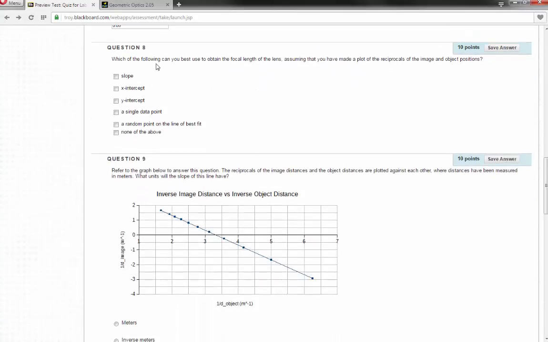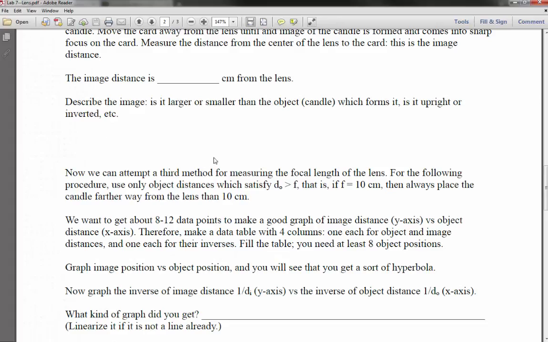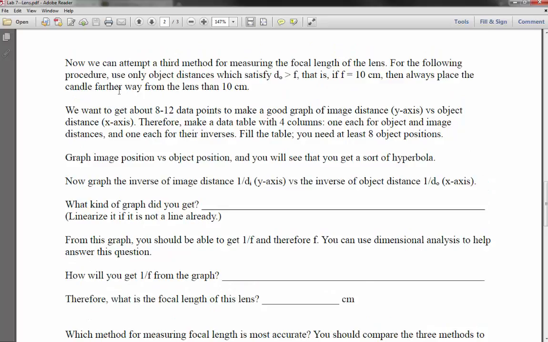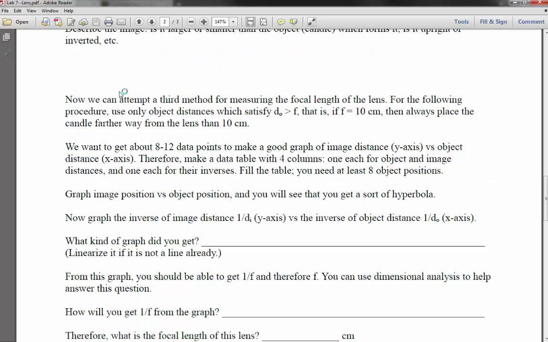Question number 8. Which of the following can you best use to obtain the focal length of the lens, assuming that you have made a plot of the reciprocals of the image and object positions? That one may be a little on the tough side to answer offhand, but if you look in your directions, here's your third method.